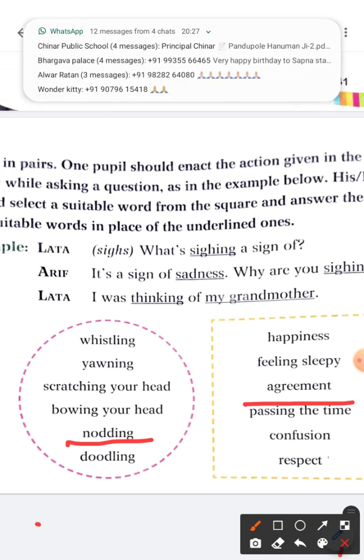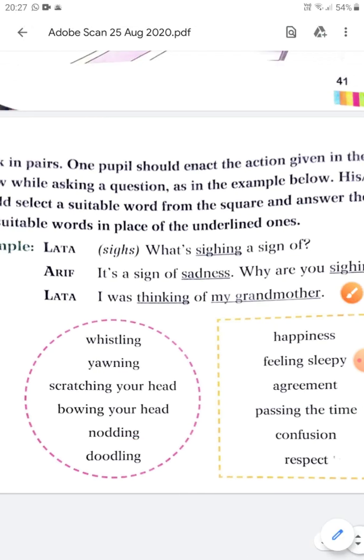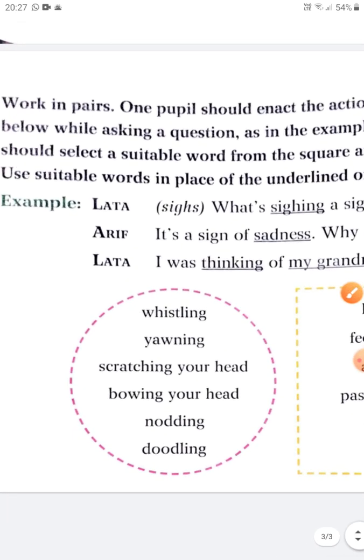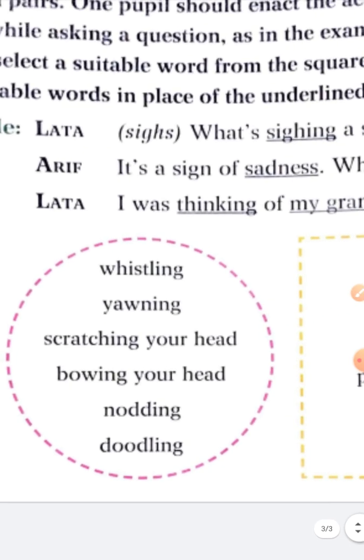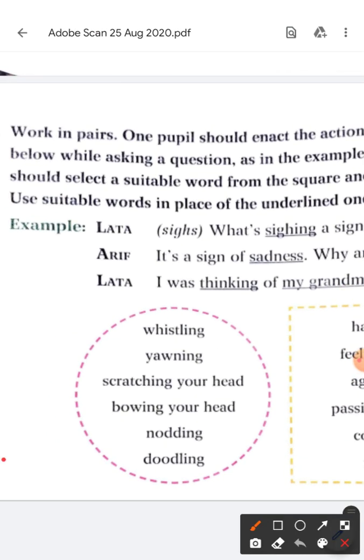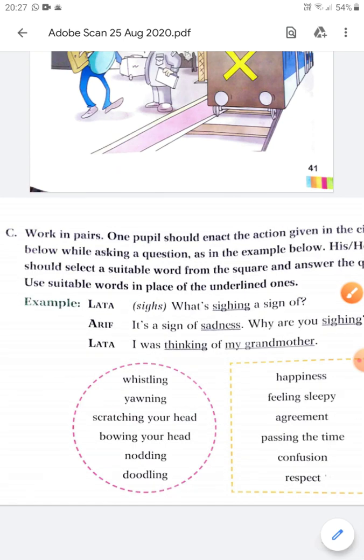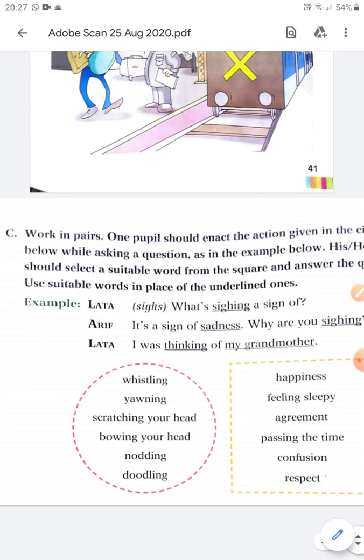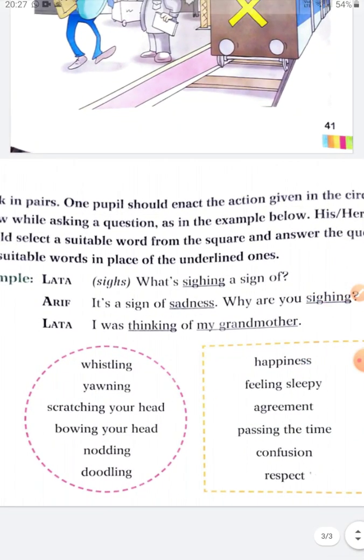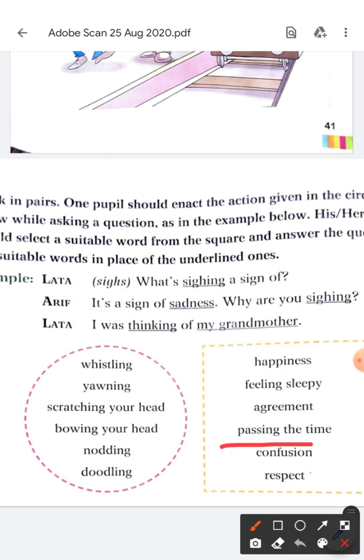Now, next, what's doodling a sign of? Doodling is a sign of passing the time.